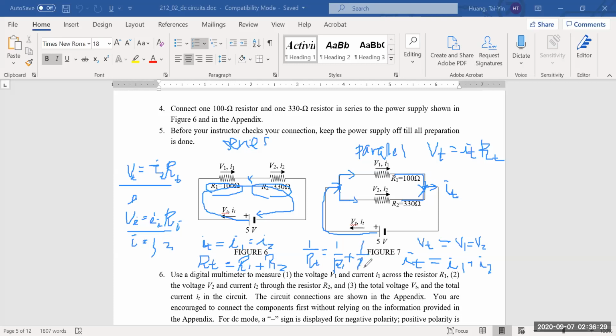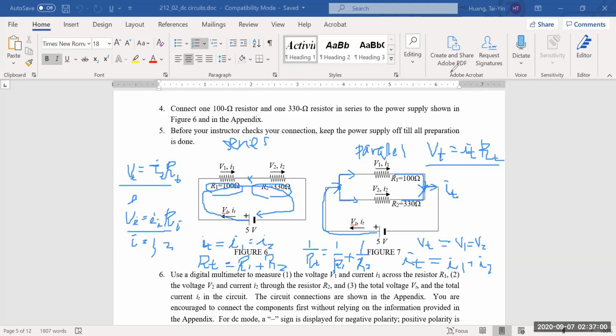You know R1 and R2, so plug those in to a calculator, and remember to take the inverse of that in order to get your RT. Once you have your RT, from this equation you can calculate your IT. And since V is the same, you can calculate IT. If you calculate I1 and I2 using V equals IR, that will work as well.